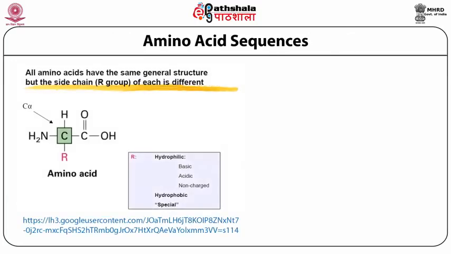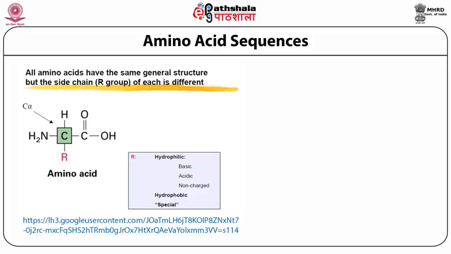Amino acids are compounds made up of carbon, oxygen, hydrogen, and nitrogen. They act as monomers of proteins and consist of a carboxyl group, an amino group, a hydrogen atom, and a different side chain, all bonded to the alpha carbon.